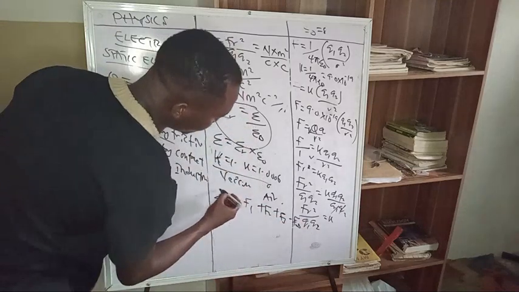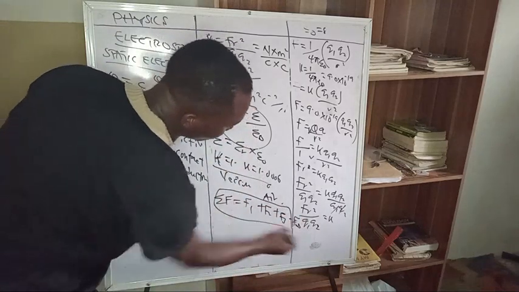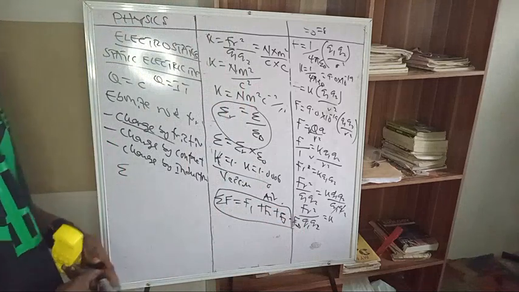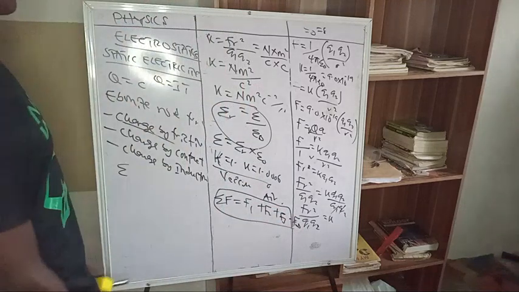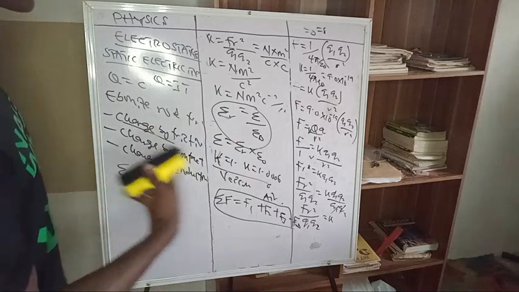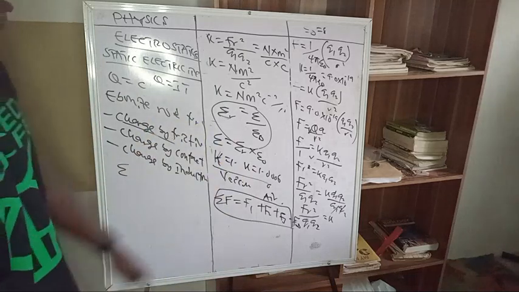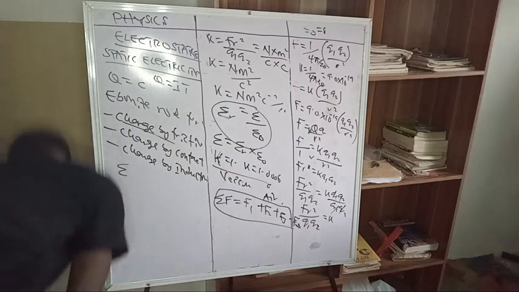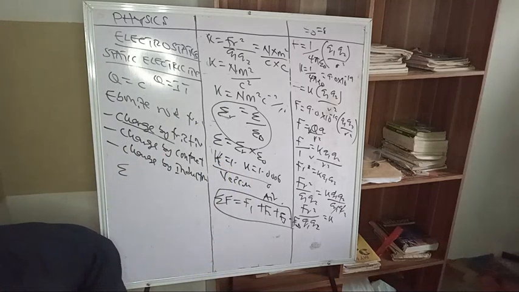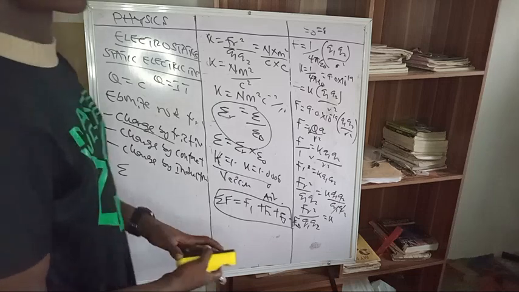This one we call the idea of superposition of two or more forces. Superposition of forces states that the total or the net force is the algebraic sum or the vector sum of the individual forces. So when you have your addition of forces together, you have them as a superposition. Let's move on to other concepts like electric field intensity, electric potential, and flux as well.